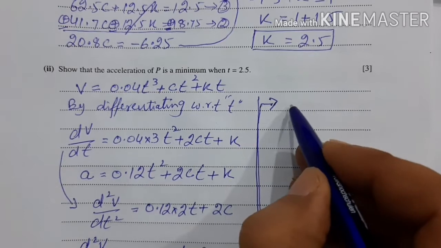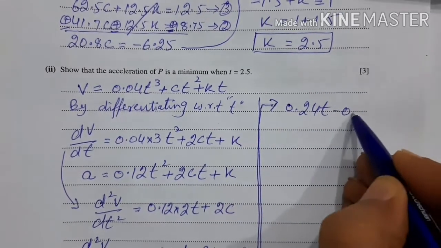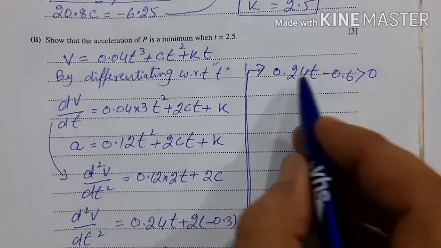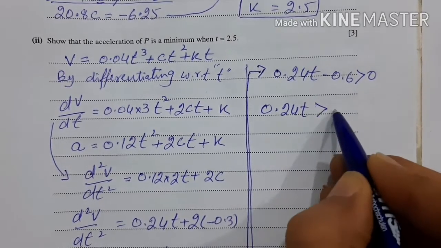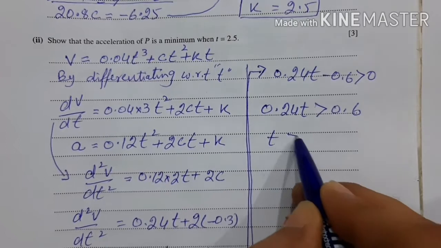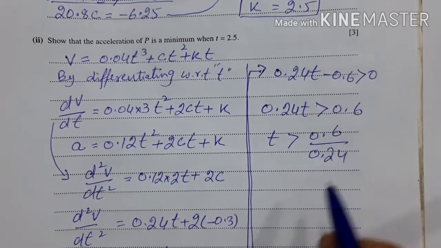So take 0.6 to the other side. 0.24t is greater than 0.6, or t is greater than 0.6 over 0.24.